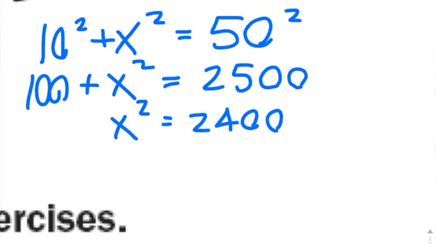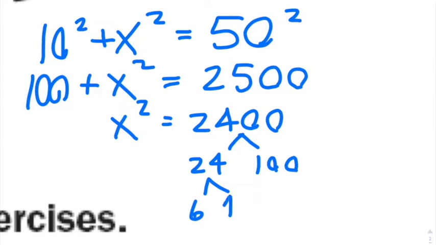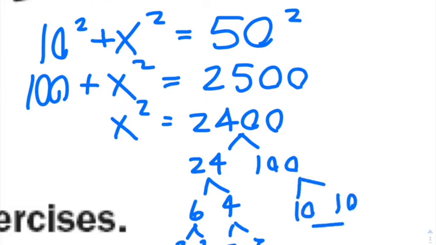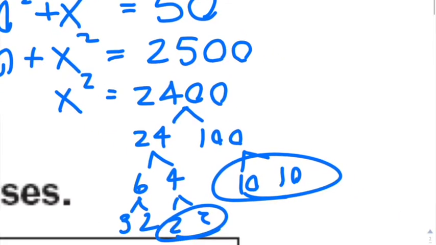And then we're going to start breaking this thing down. Okay, so I definitely see like 24 over here, you can go 6, 4, 2, 2, and then 3, 2. 100, I'm going to break this down as 10 and 10, so I can go ahead and claim my pair right there. Okay, so you got a pair of 10s, you got a pair of 2s right there.